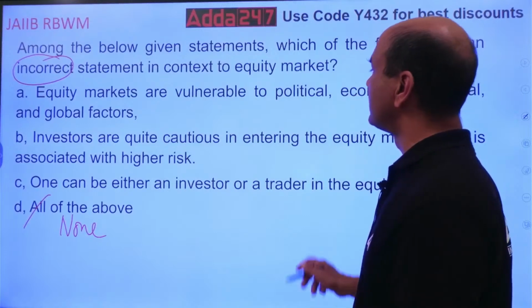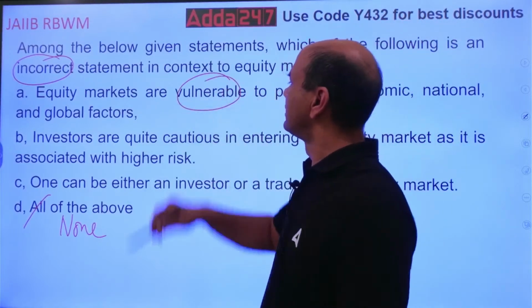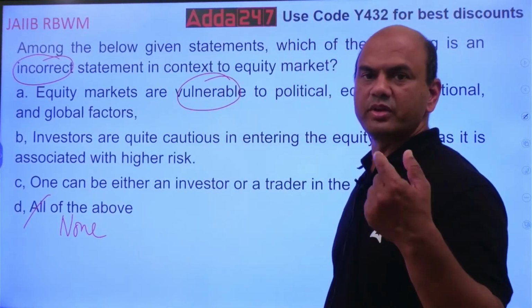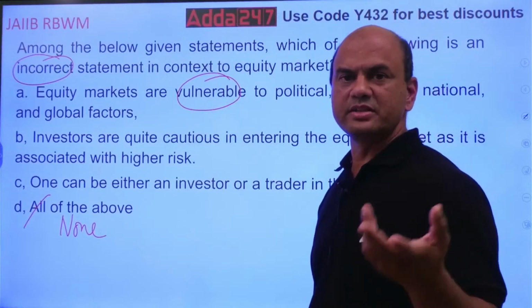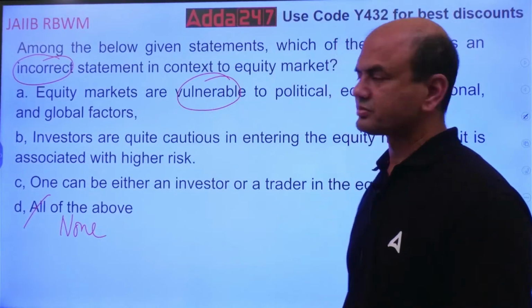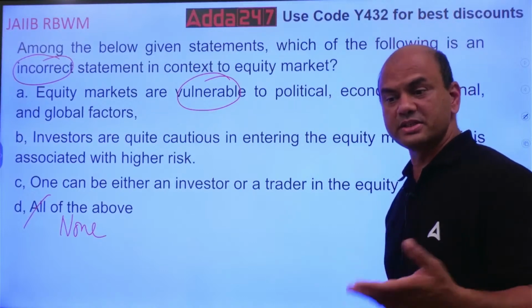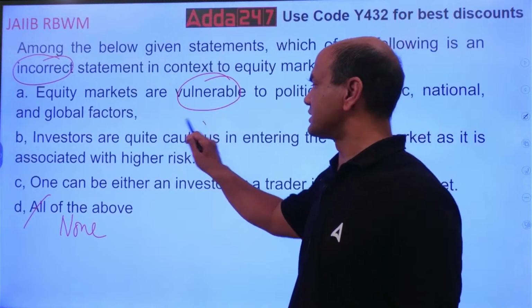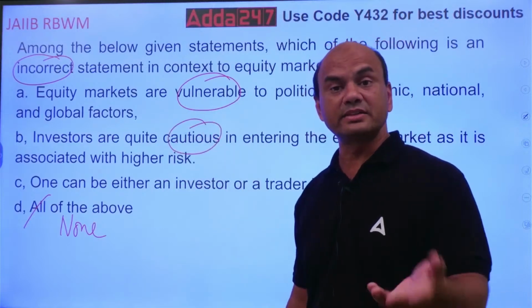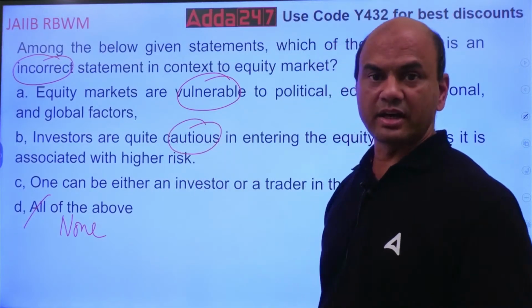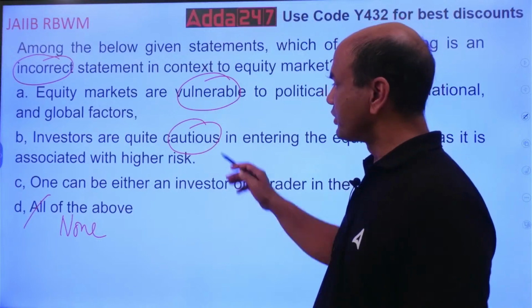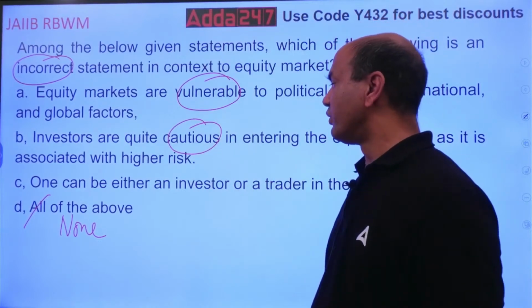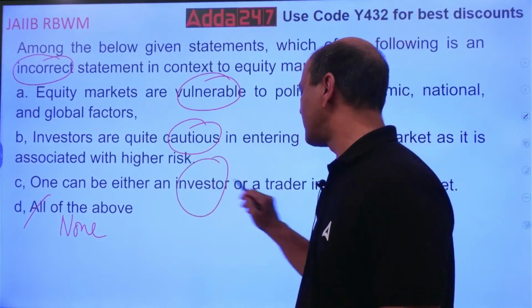Equity markets are vulnerable. That is right. One change in government, equity markets fall. US government change, equity markets fall. Indian government, some changes happen, markets fall. Investors are cautious, correct? Everyone is afraid because high risk, high returns. One can either be an investor or a trader, correct?